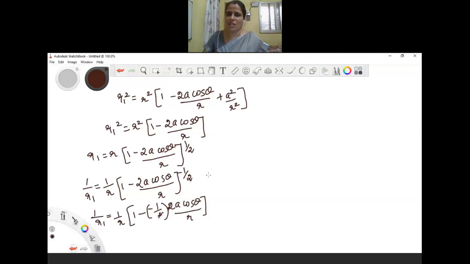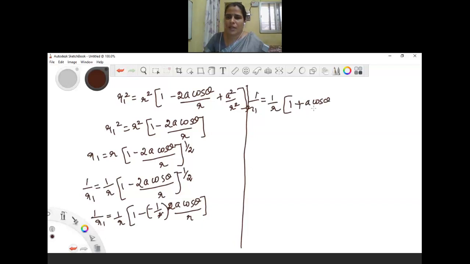So this equation will become 1 by R1 is equal to 1 by R, and again you have negative and negative there, so this will become plus a cos theta divided by R. So this is our equation number 4.